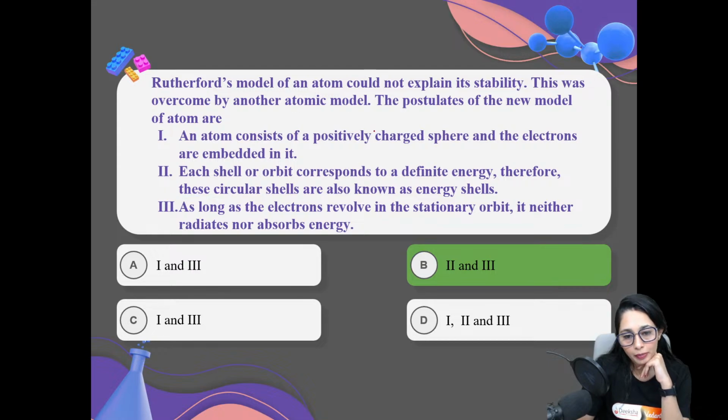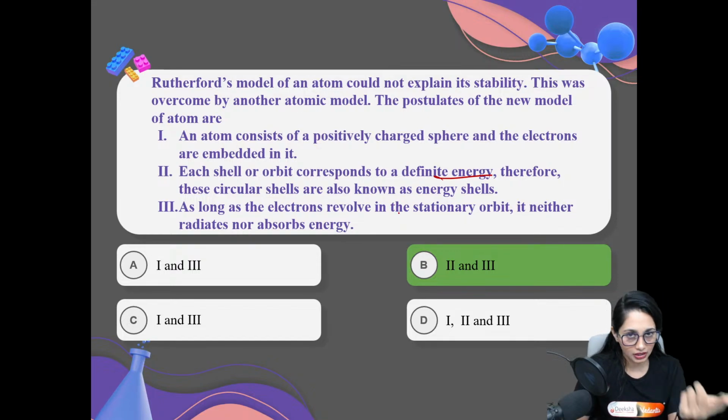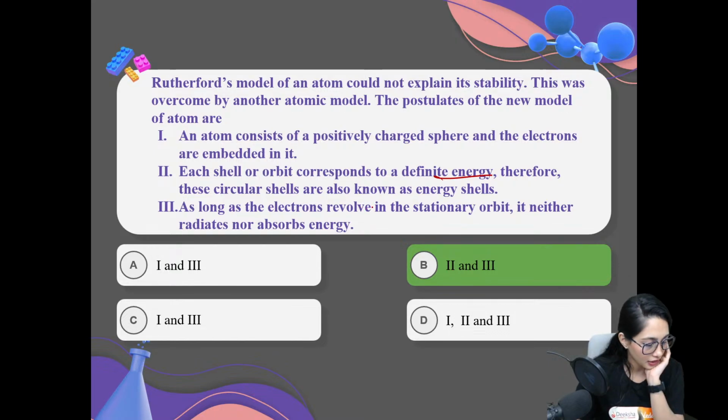Each shell or orbit corresponds to a definite energy. The electrons revolve in discrete energy levels, therefore these circular shells are known as energy shells. As long as the electron revolves in the stationary orbit, it neither radiates nor absorbs energy. Only when it jumps from one energy level to another, it is going to lose or gain energy.